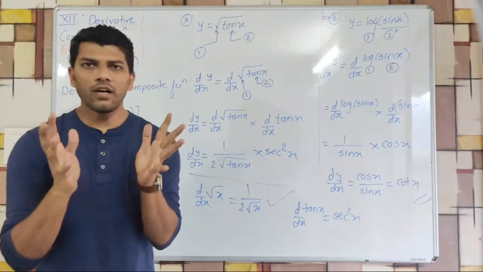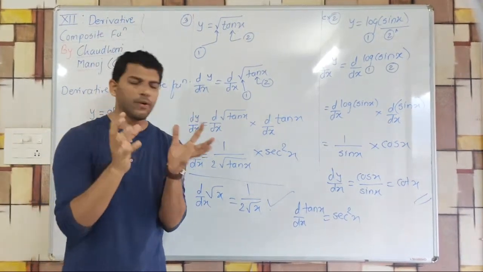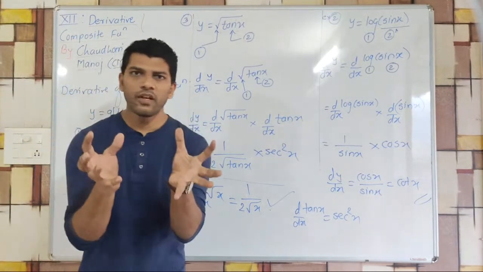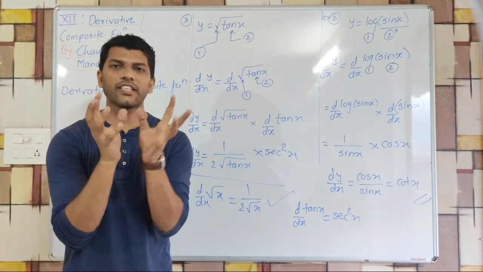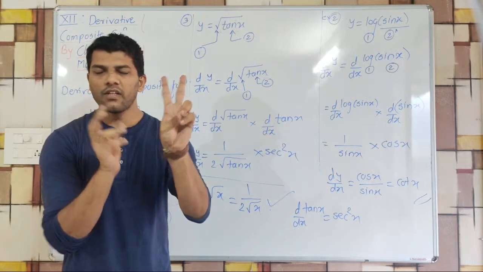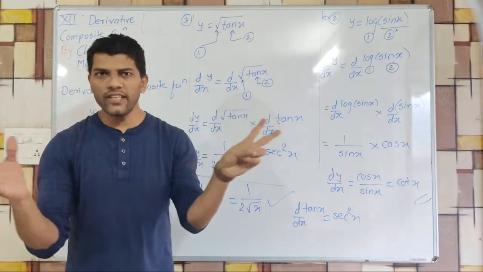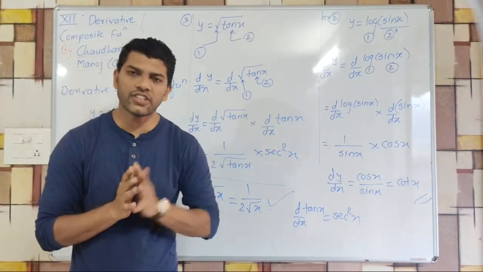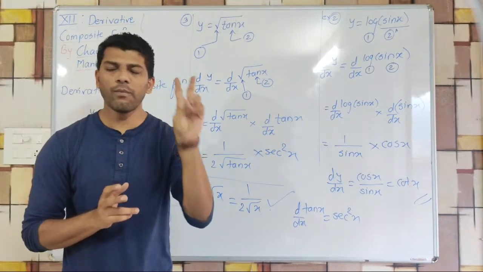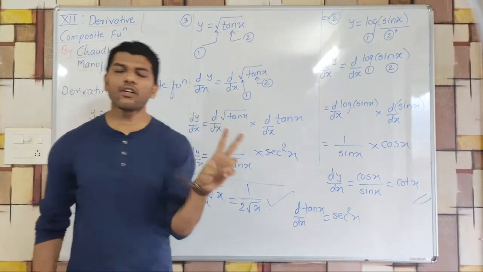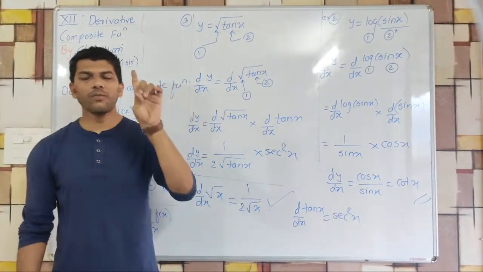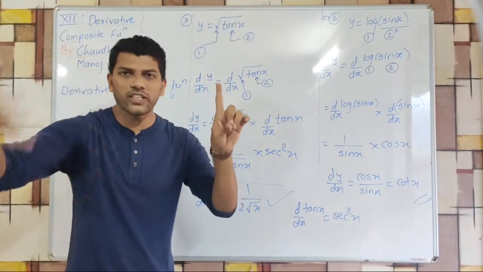The main motive behind this lecture, or the conclusion of this lecture, is two important things. The first one: in order to tackle a composite function, you must know how a composite function forms.